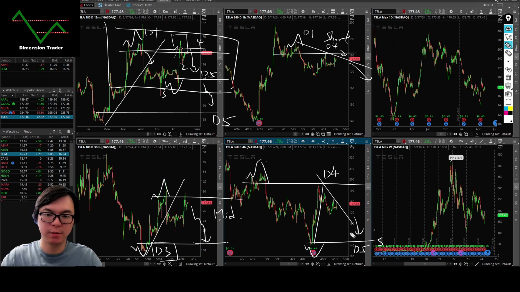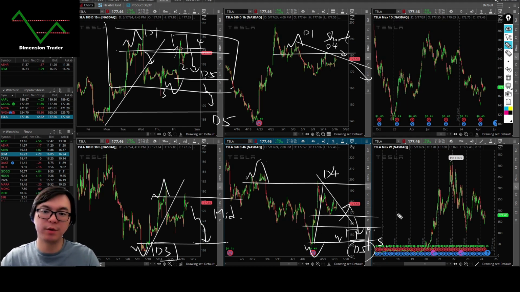If this is the case, we are expecting something in here to happen before we look for a different direction: either a new trend line break, or a new price candle rejection down in dimension 5, or any supply around this area. Then we can come back to see if we are changing direction.